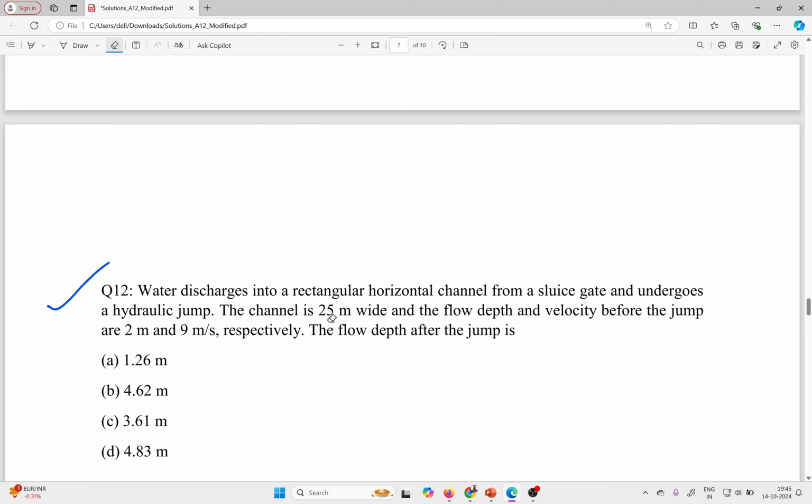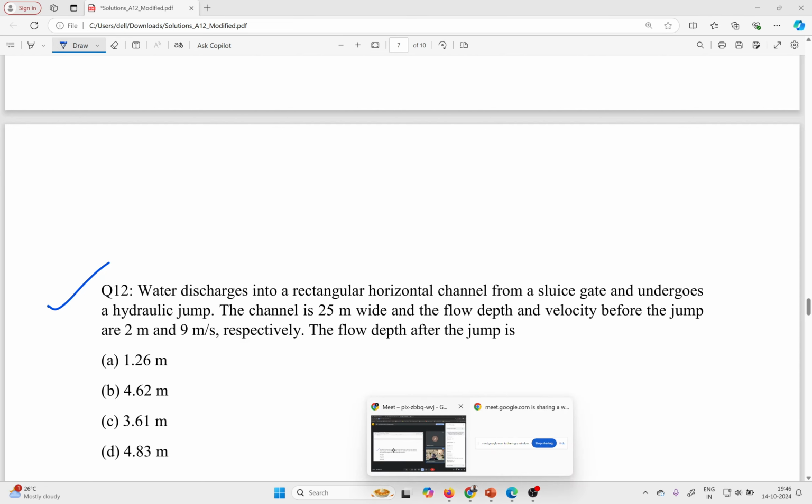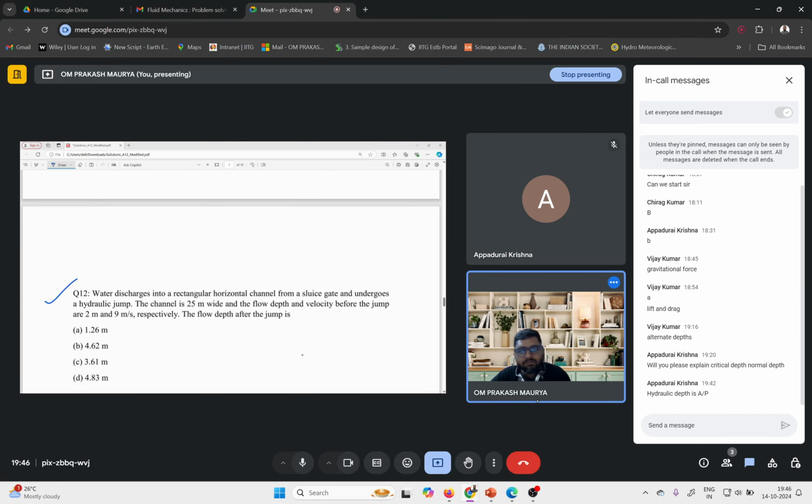The channel is 25 meter wide and the flow depth and velocity before the jump are 2 meter and 9 meter per second respectively. The flow depth after the jump is. So please try to calculate for question number 12.